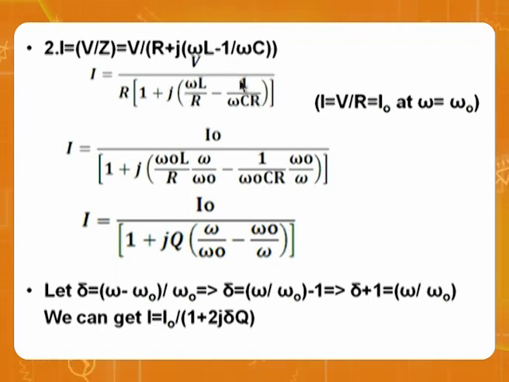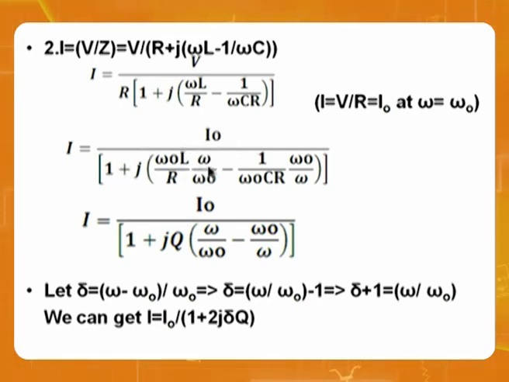If this term becomes 0, what happens? I becomes resonant current. So I is equal to V by R if resonance occurs. That is called I naught. So I becomes I naught at omega equal to omega naught.